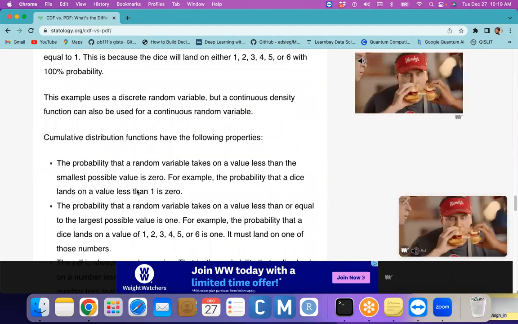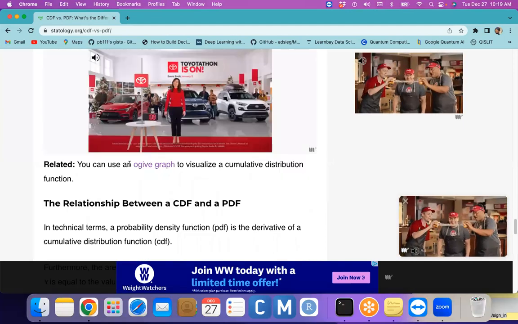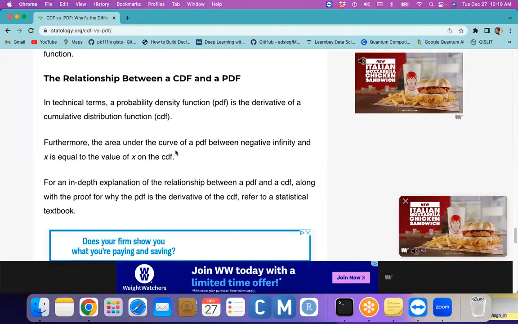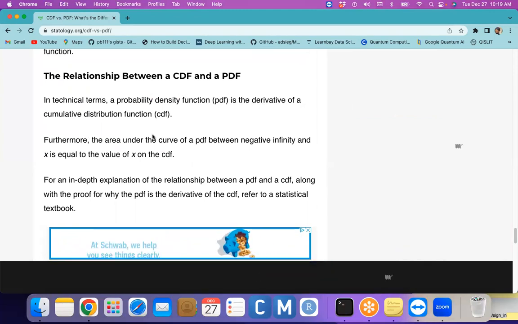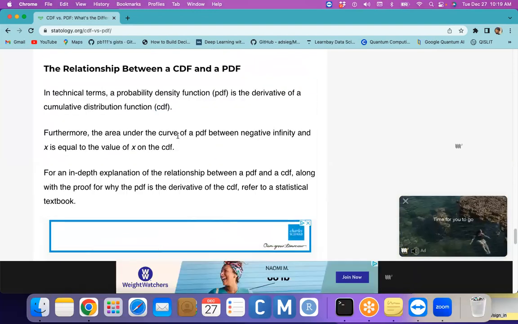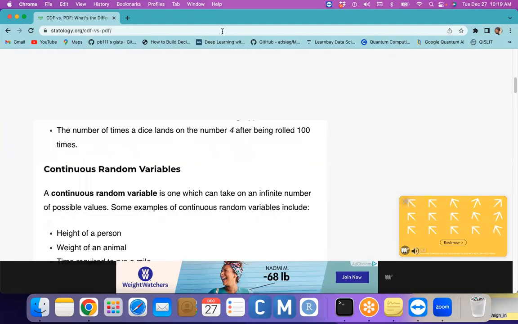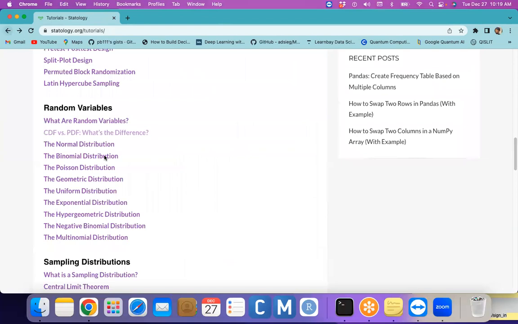The cumulative distribution function follows certain properties, and there is a relationship between the CDF and PDF. Technically, the probability density function, PDF, is the derivative of the cumulative distribution function. I think we already saw this in a previous lecture, this article which is explaining the previous thing only.